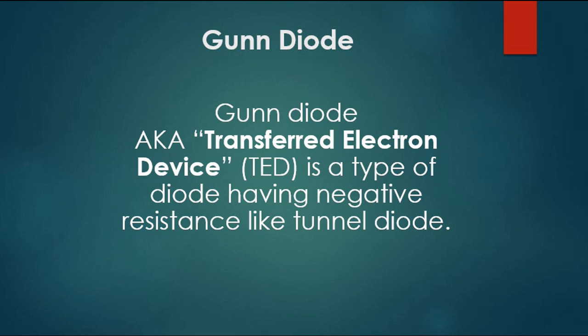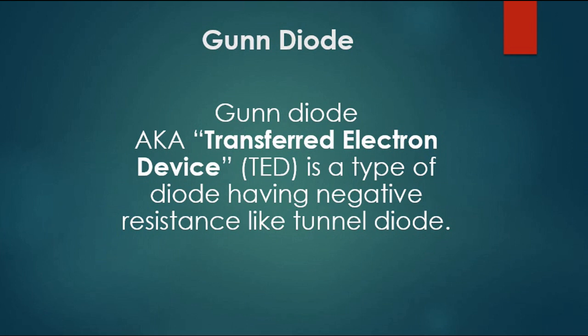Now, this is the exact one that we are going to discuss, so we will be discussing this specifically, and I will explain it in more detail. The Gunn diode is also known as a transfer electron device. It is a type of diode having negative resistance, like tuner diodes.